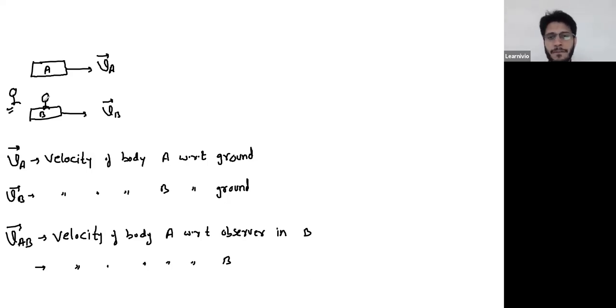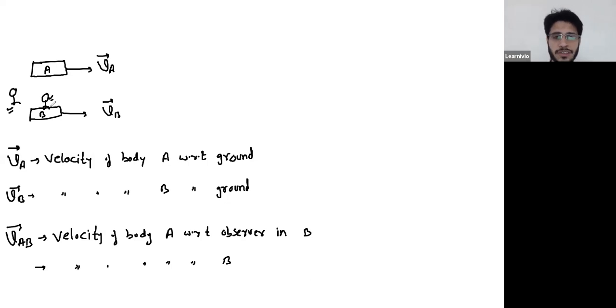It will be at rest. Say you are standing on the ground and a bus is moving with a speed of 100 km per hour. On the ground, you observe the speed of the bus to be 100 km per hour. But once you sit in that bus, it comes to rest with respect to you.